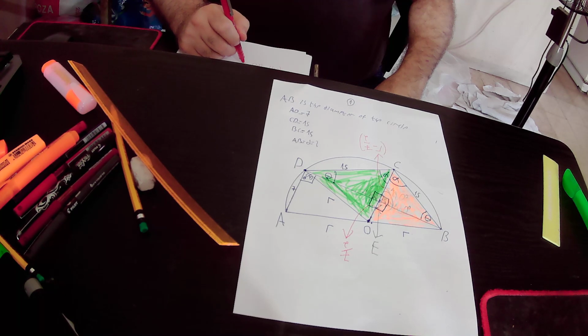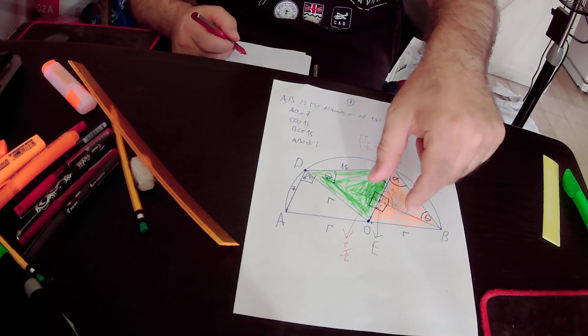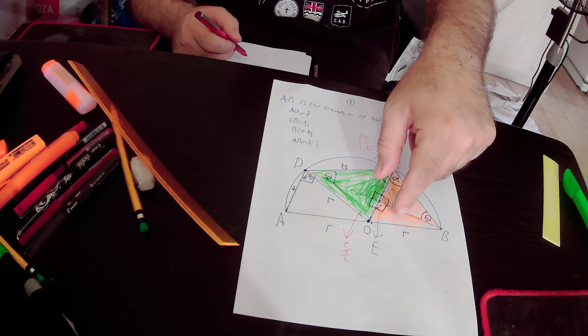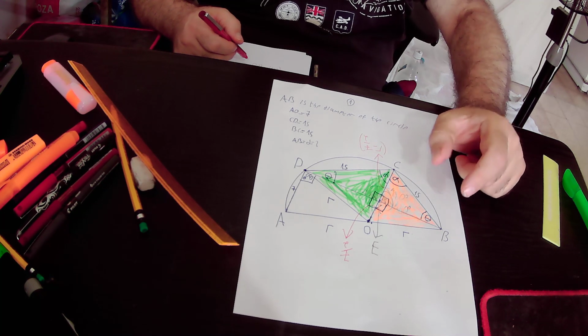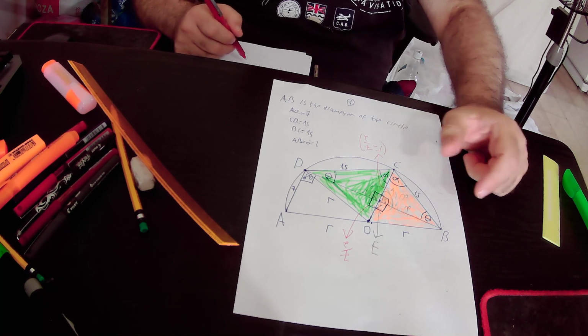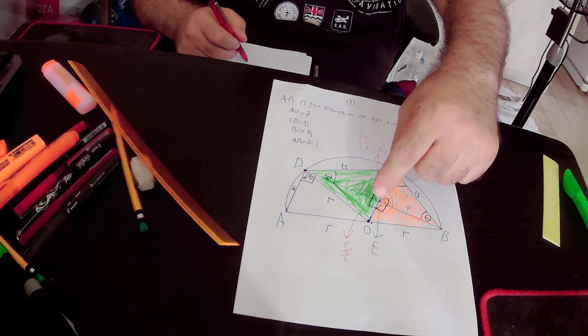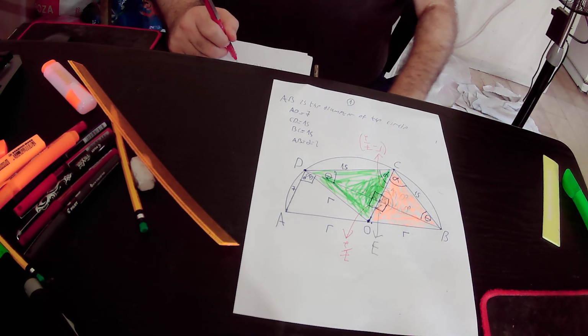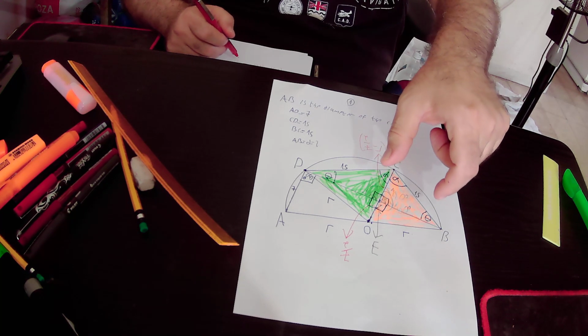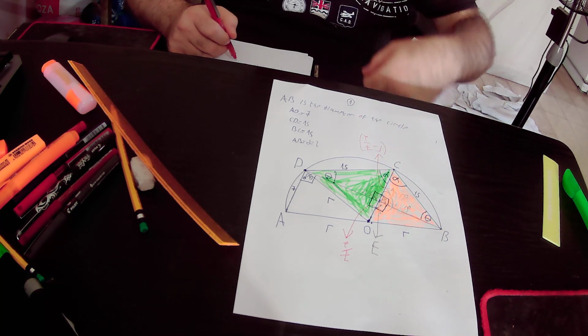In the right triangle OEB, the value of EB squared equals OB squared minus OE squared.